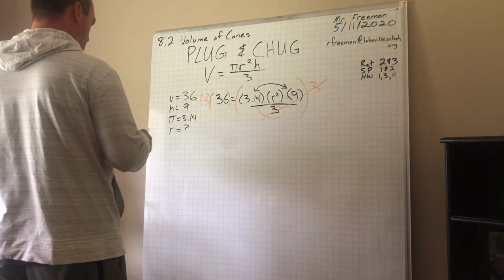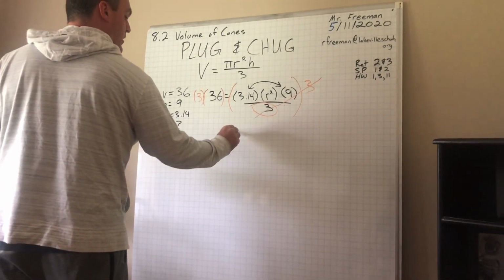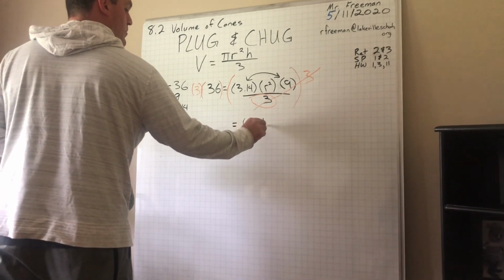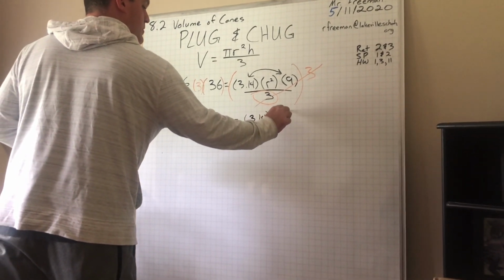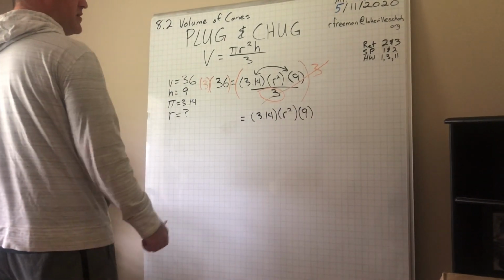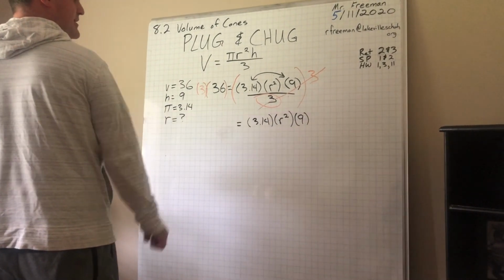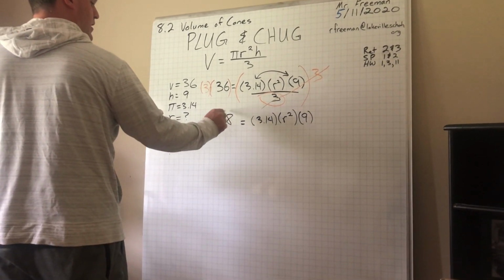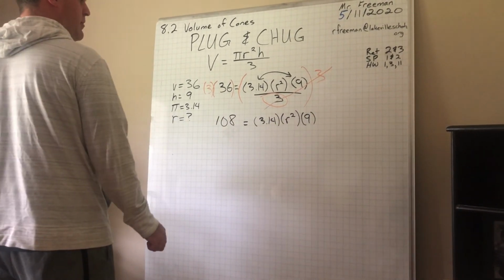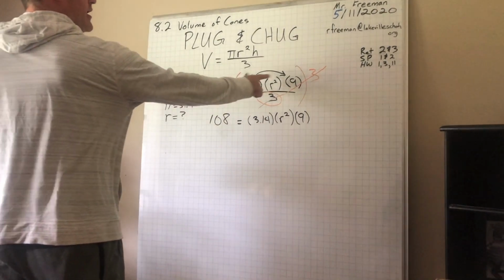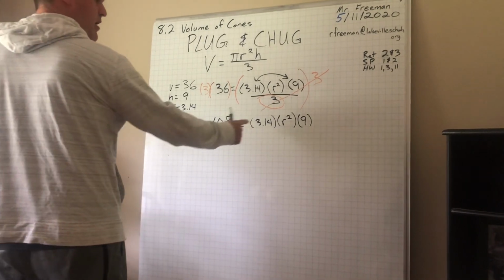So now over here, what we're left with is just the equals 3.14 times r squared times 9. No more dividing by 3 because we got rid of it, but we have to know what 36 times 3 is. Well, 36 times 3 is 108, if I didn't make any mistakes in my head. Yes, it's 108.